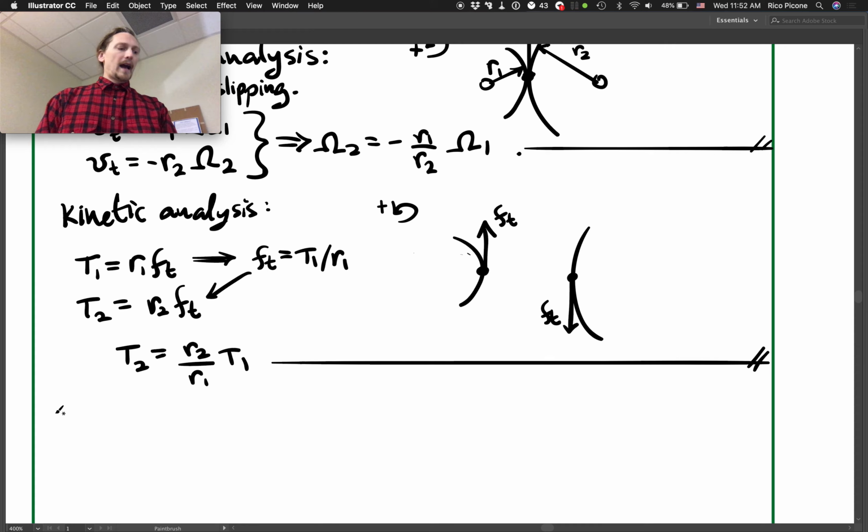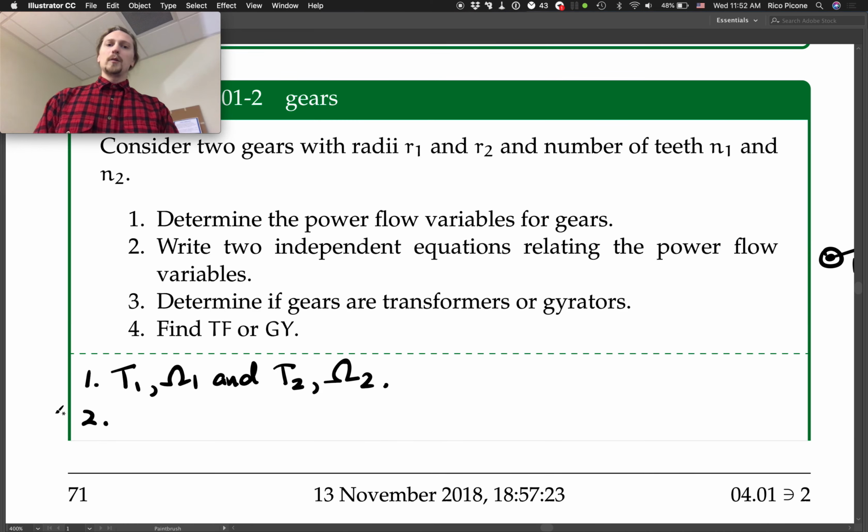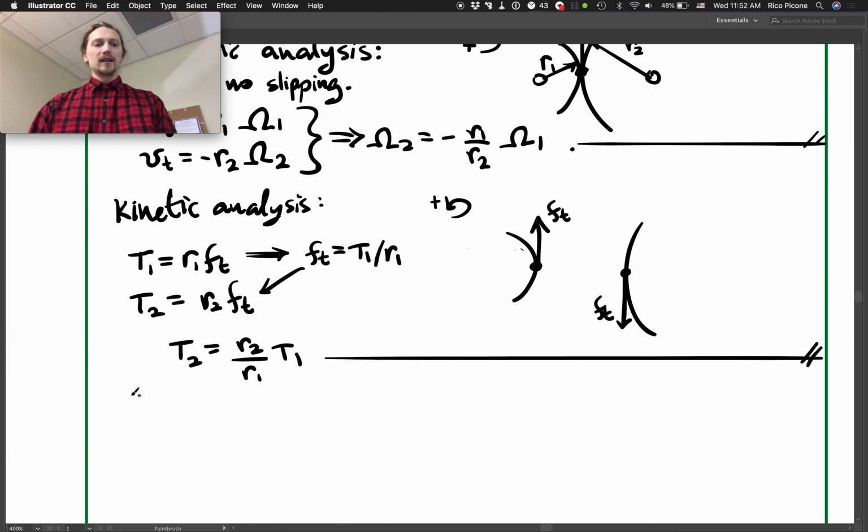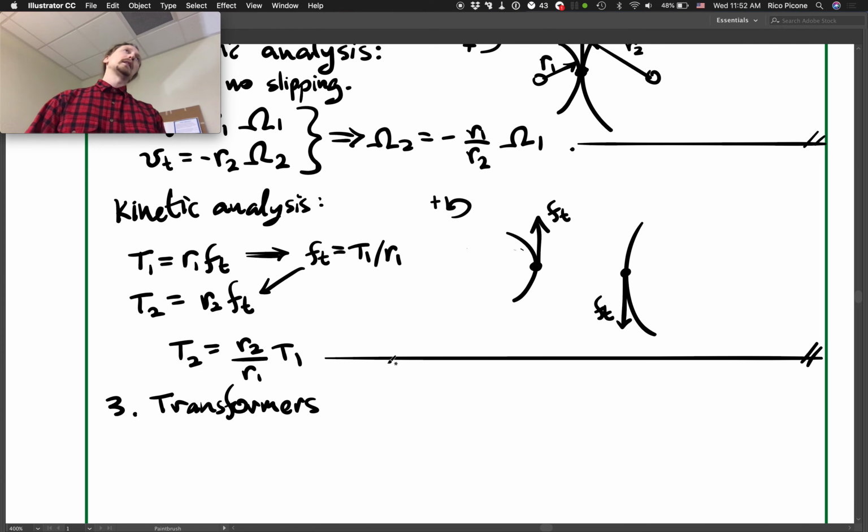The next thing I ask is to determine if the gears are transformers or gyrators, which we already discussed, right? So they're definitely transformers. In fact, we won't encounter gyrators until next term. I don't think I've got any gyrator examples in this term.